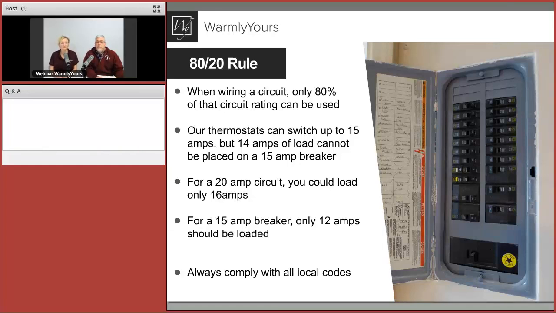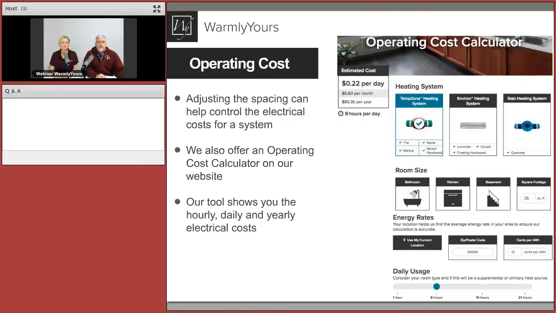That is so cool. The reason why we brought this up is because if your box is completely full, like you can see that there's 4 spaces in this box in the upper part of it, 1, 2, 3, 4, that will fit 2 double pole breakers, or it'll fit 4 single pole breakers. So if you're thinking about doing a big addition or whatever, you're going to want to look in the box and make sure that you have open spaces. Because that's going to be very important too.